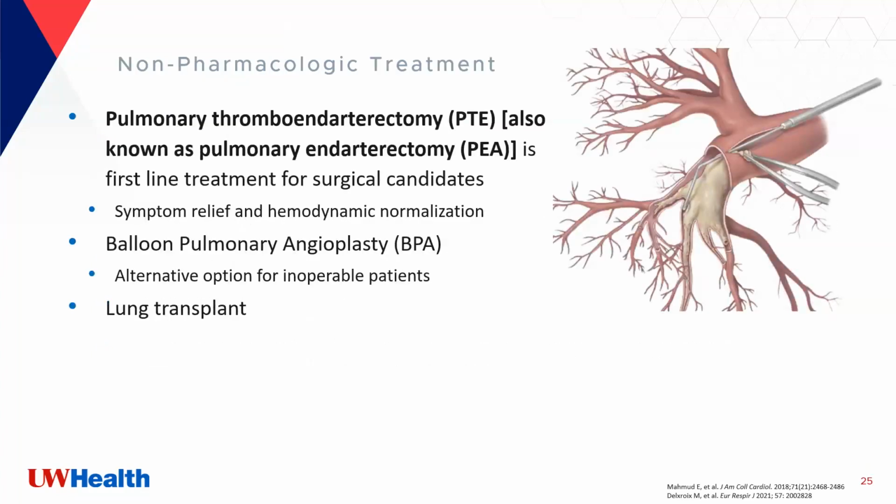So to talk about non-pharmacologic treatment, which is actually preferred first-line treatment for all CTEPH patients. And here we have pulmonary thromboendarterectomy, PTE, also known as pulmonary endarterectomy, or PEA, which is a first-line treatment for surgical candidates. And as the picture depicts here, it is a surgical removal of blood clots that is present in lungs.